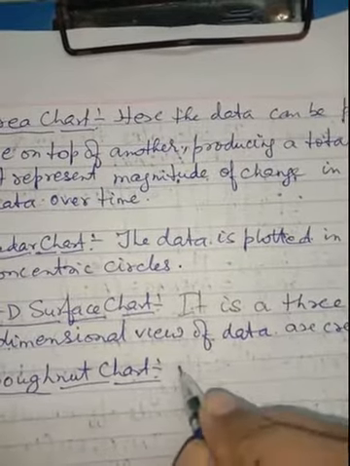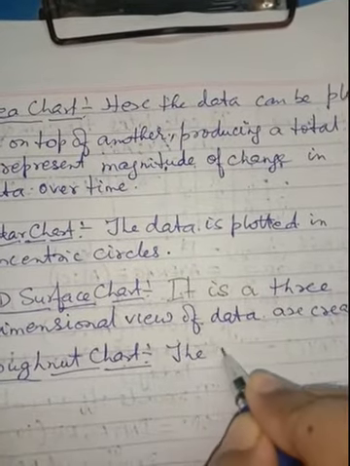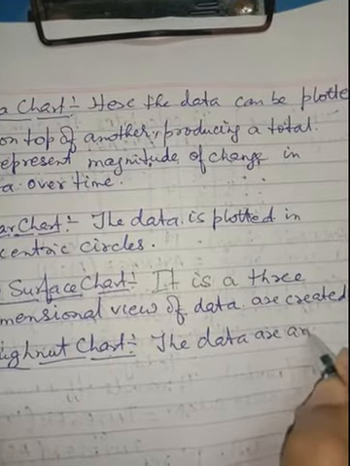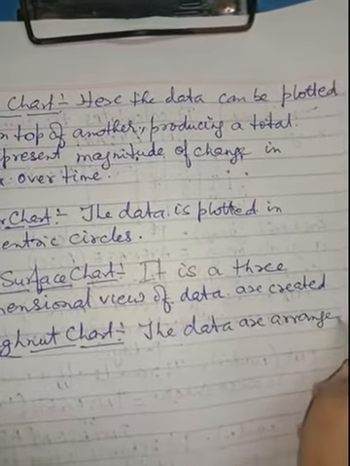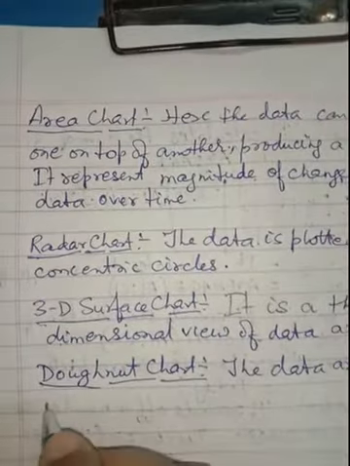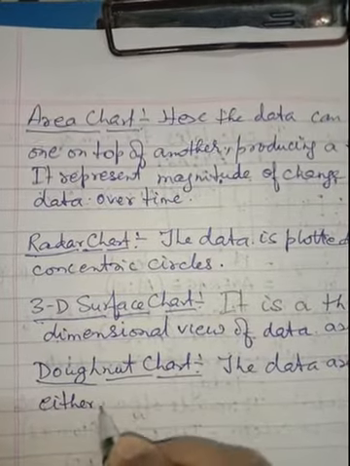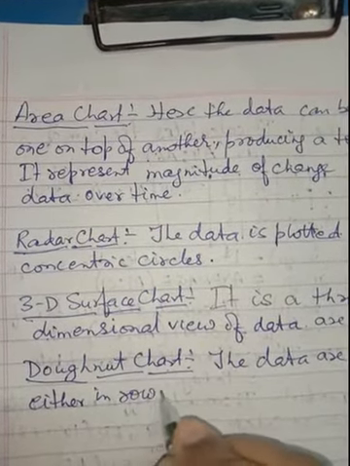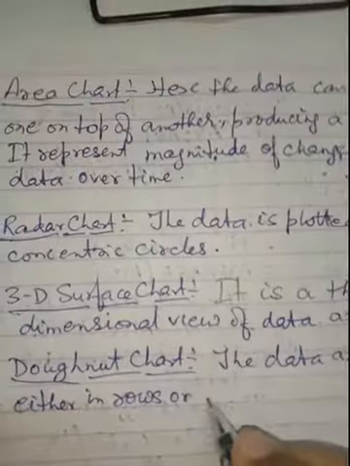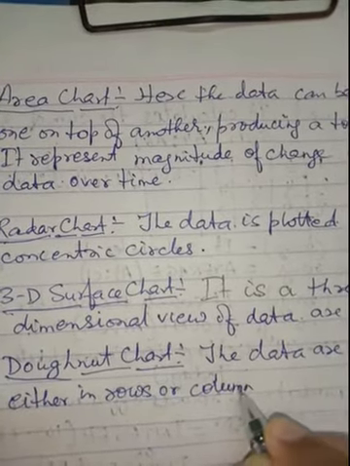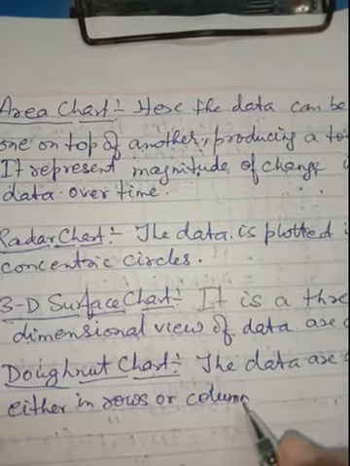So in the Doughnut chart, the data are arranged either in rows or columns.